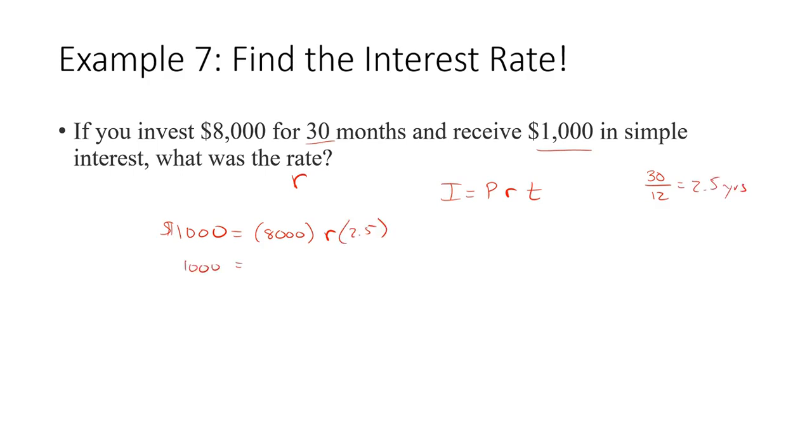We can then multiply 8,000 times 2.5, 20,000, and then we divide both sides by 20,000 to find R. We find the interest rate is 0.05 or 5%.